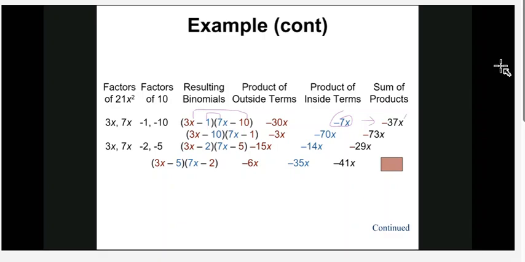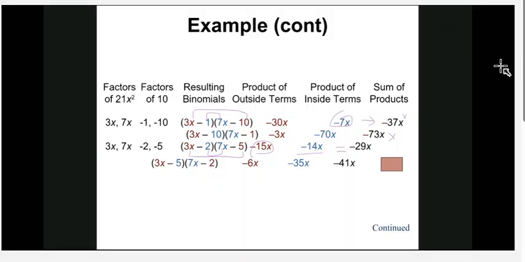Again, did not work. And we can try the different combination in here, 10 in here, 1 in here. Again, add up is -73x. Again, didn't work. So we multiply this again, this will be -15x. And then multiply these two, you got -14x. And then add up to -29x.